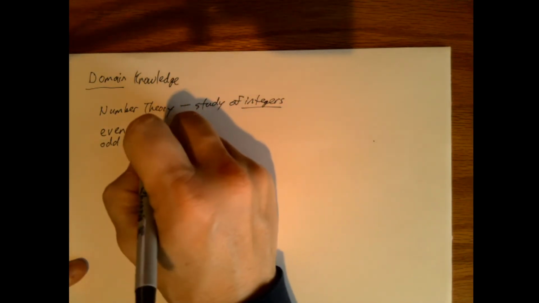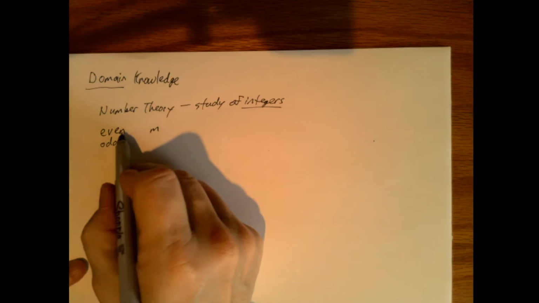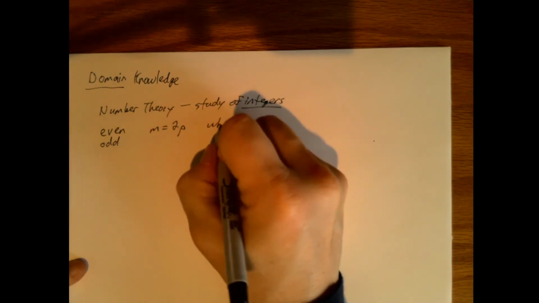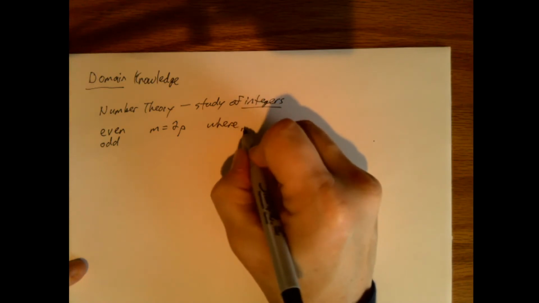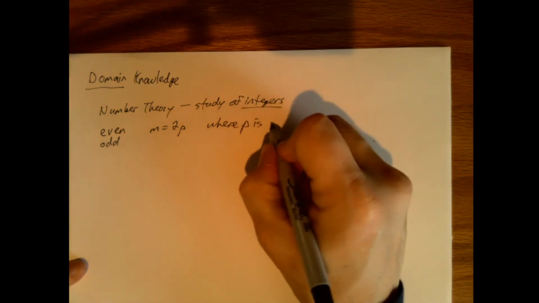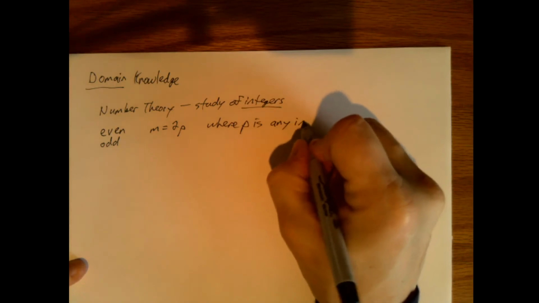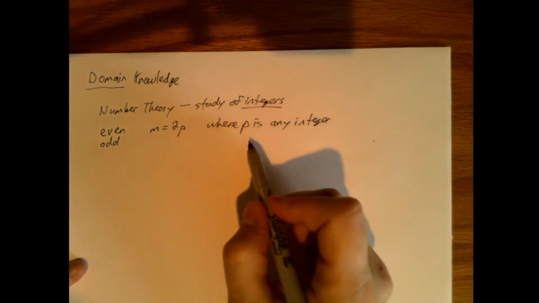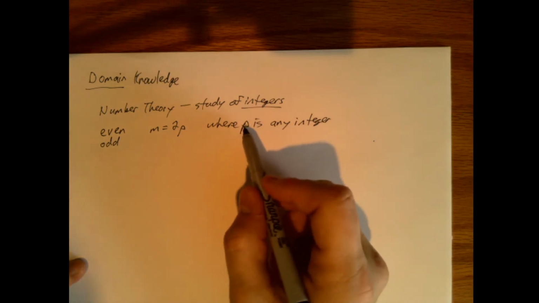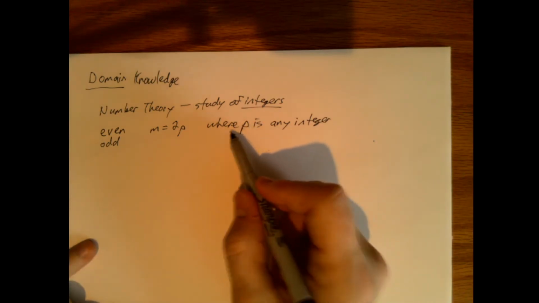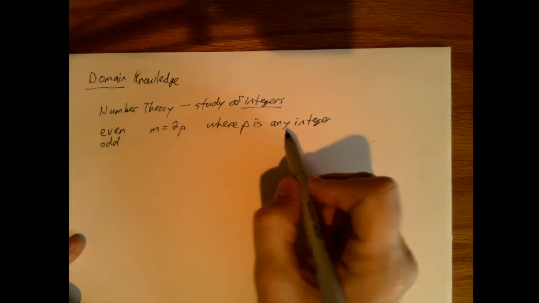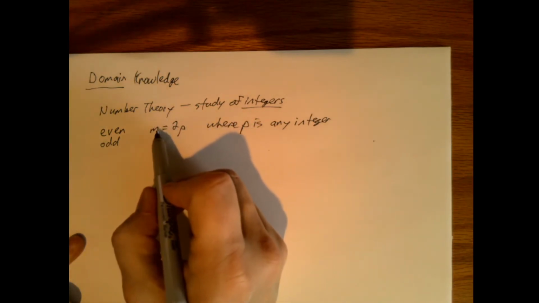Okay, so we would say that m is an even integer if it's equal to 2 times p, where p is any integer. So what do I mean by that? Well, we're not restricted to p being even itself or odd or positive or negative or zero. It can be any integer.